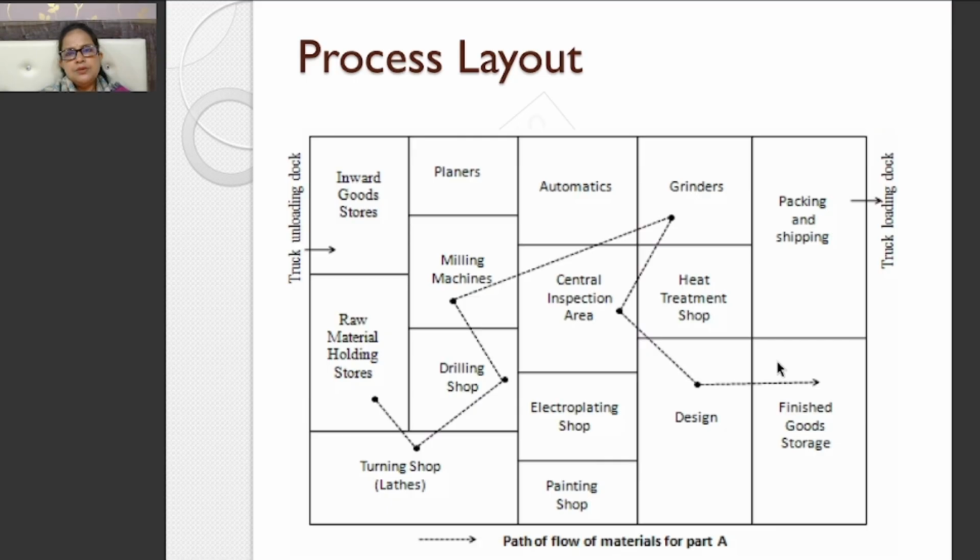In process layout, actually, we use different machines. Machines are not in a sequence or in a line. This process layout is meant for batch production. Multiple products we can produce in case of process layout.